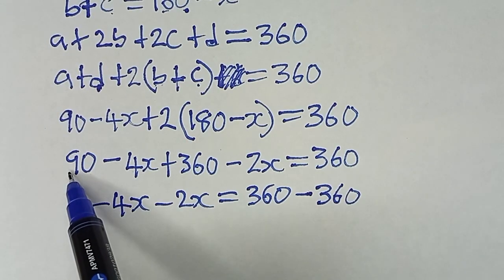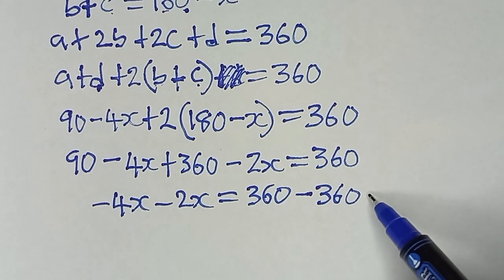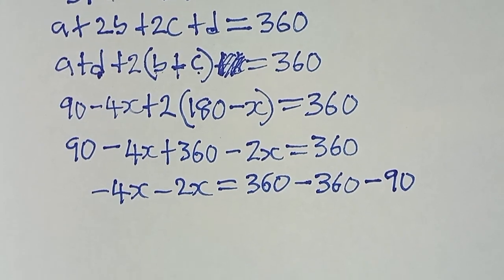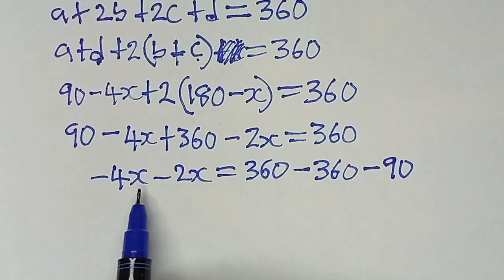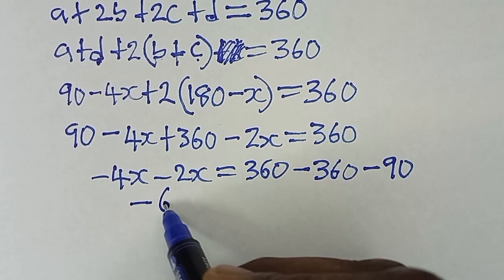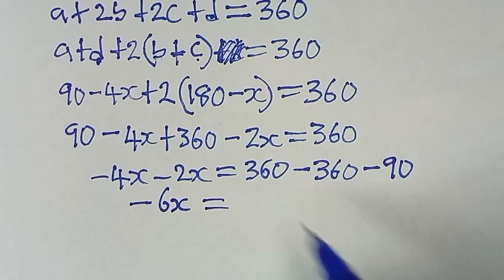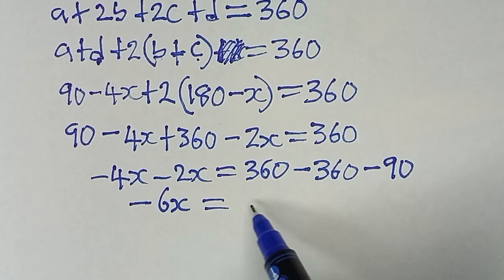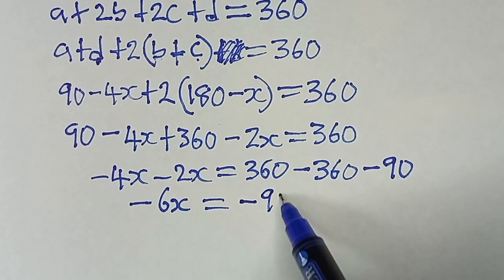And then this plus 90, if it comes to this side, becomes minus 90. So simplifying further now, I have minus 4x minus 2x will give me minus 6x. And that will be equal to 360 minus 360 is 0. Then 0 minus 90 will give me minus 90.